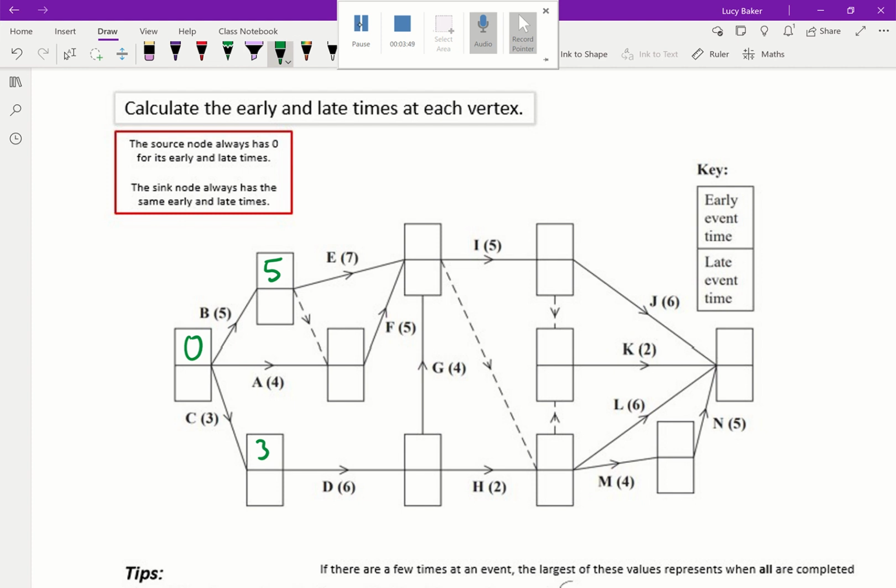Now, for A, I could either complete within 4, if I go this way, or I could go up, complete B, and come down to complete in 5.